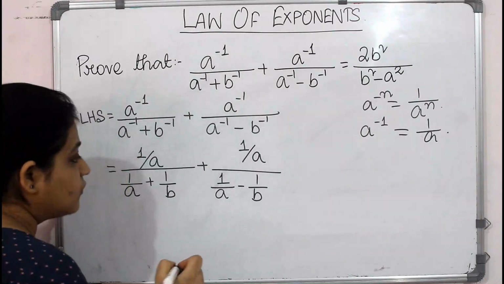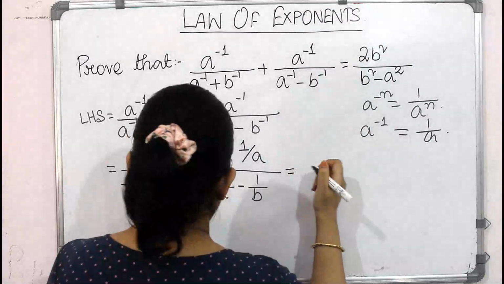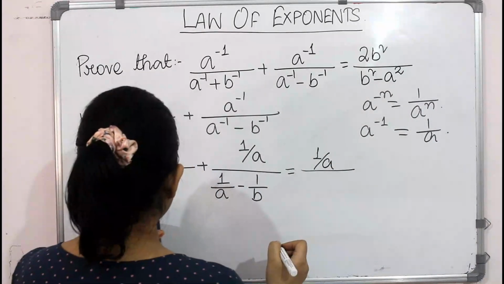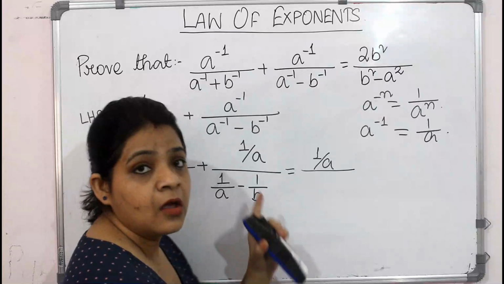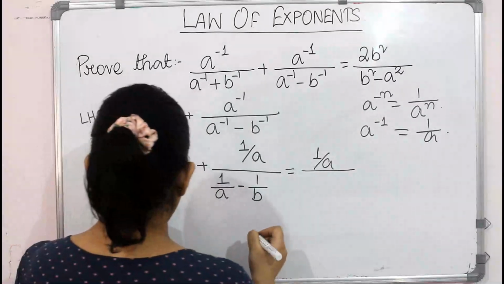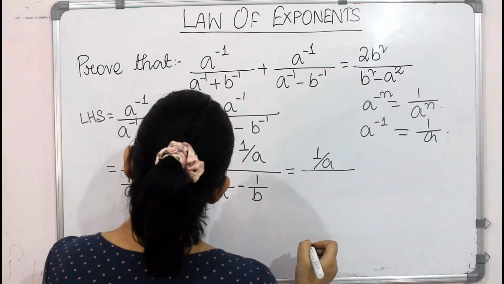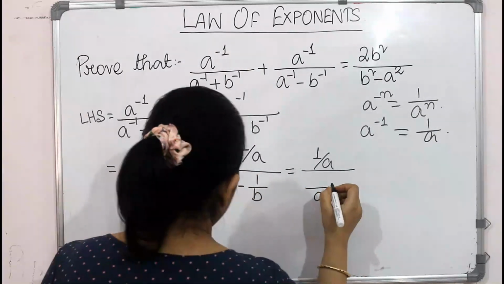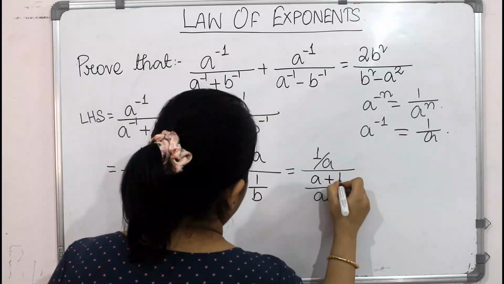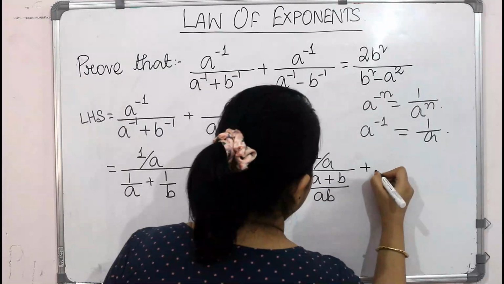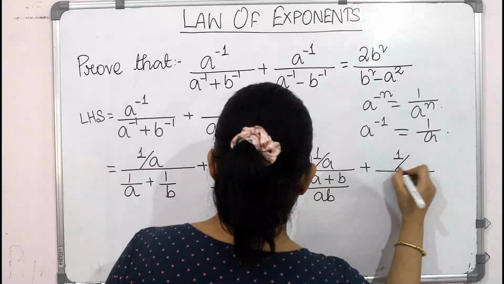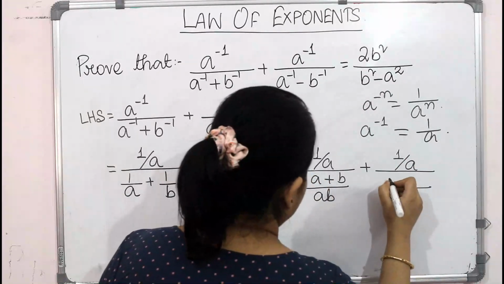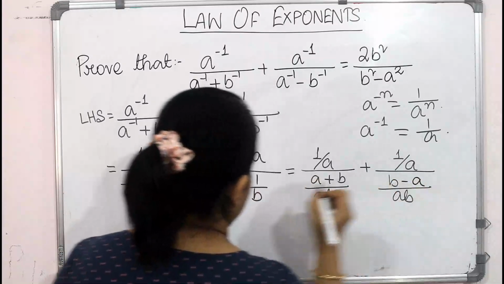Okay, now what will we do? We will keep 1 by a as it is. Here in the denominator, we will take the LCM. So 1 by a plus 1 by b, the LCM will be ab, so this will be a plus b. Similarly, here it will be 1 by a, this will be ab, and this will be b minus a.